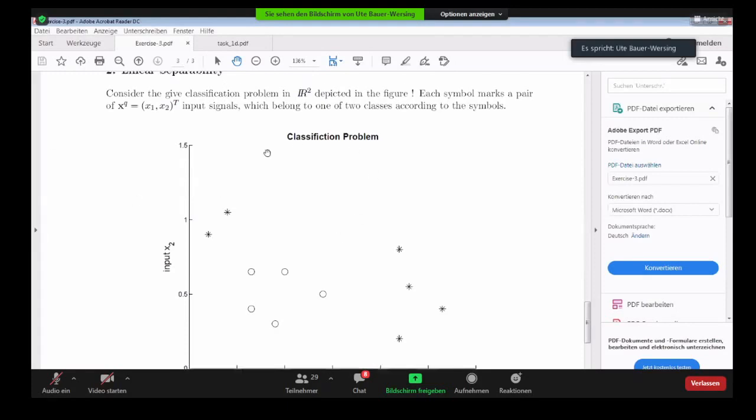So here we had a classification problem that's given graphically in this plot. And all of you should be able to explain why this is a nonlinear separable problem. This is because the border for separating the stars from the circles is nonlinear, right? So you need a more complex decision boundary.